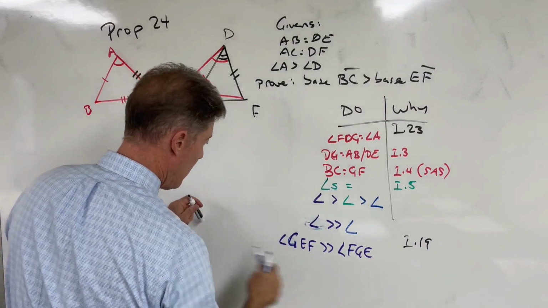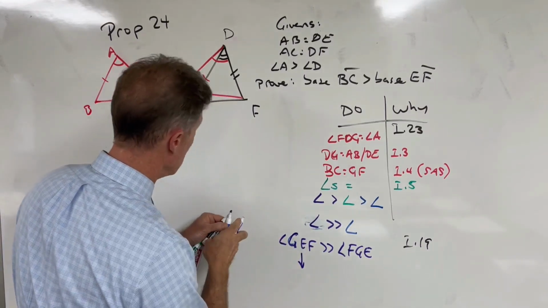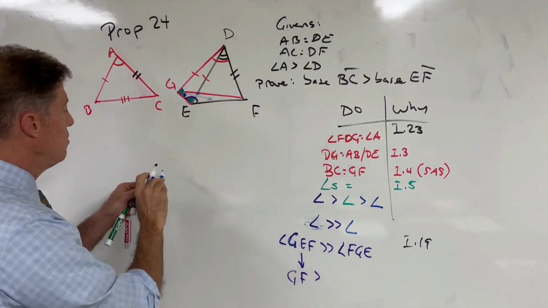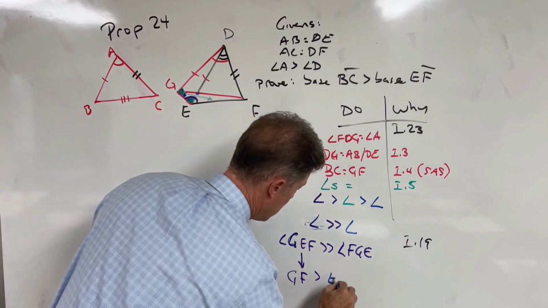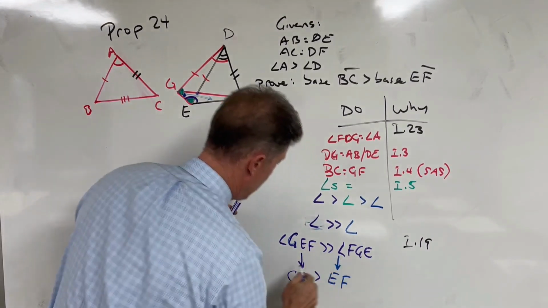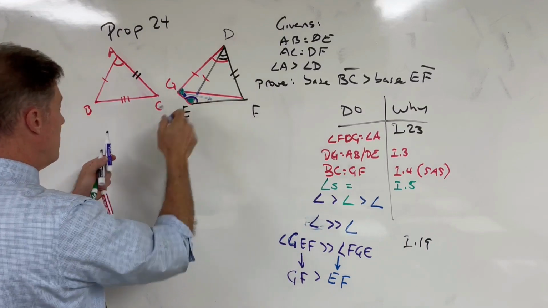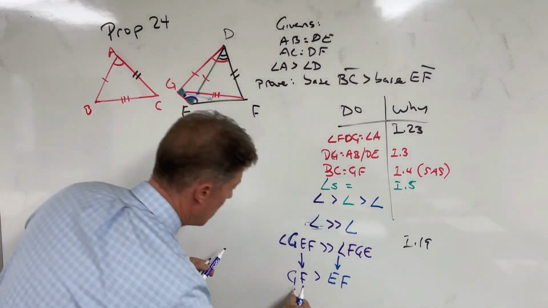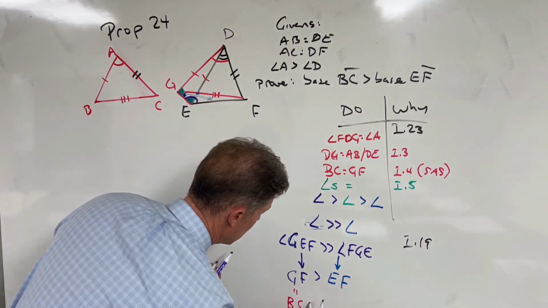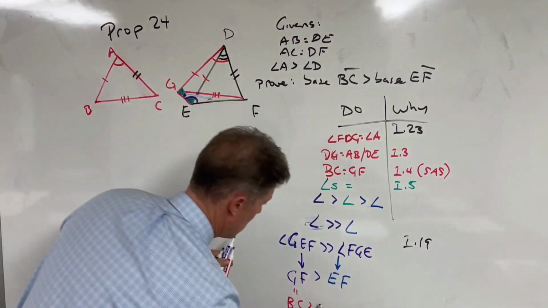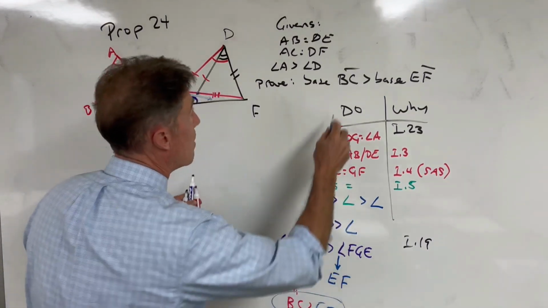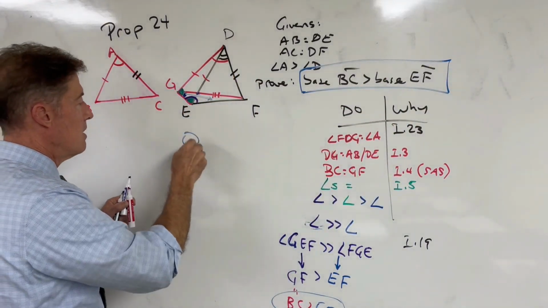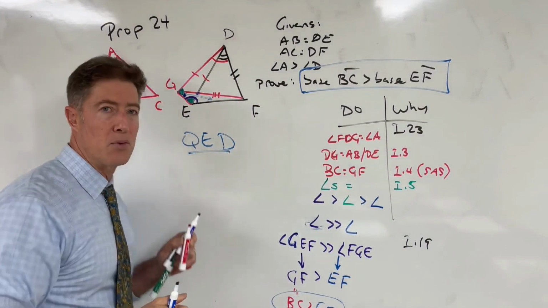Therefore, we know that the side subtending this, which is GF, must be greater than the side subtending the blue, which is EF. And GF, remember, was proved to be equal to BC. Therefore, BC is greater than EF. And that's what we're trying to prove, that the base BC is larger than the base EF. Since we have done that, we conclude our proof with QED.